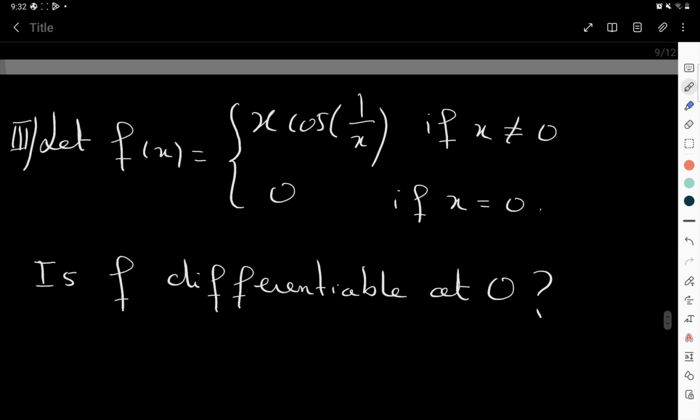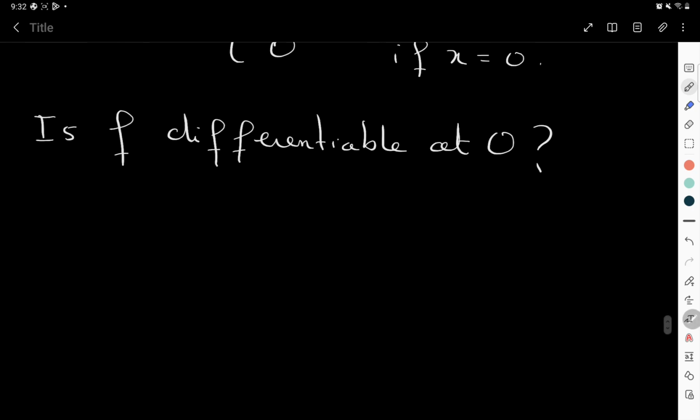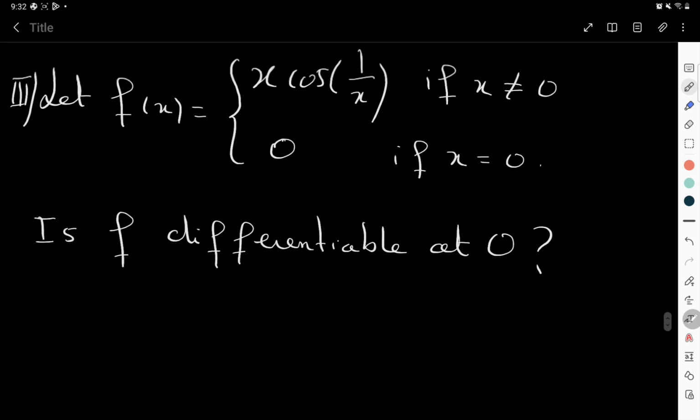Now, let f of x be equal to x cosine 1 over x if x is non-zero, and 0 if x is equal to 0. Is f differentiable at 0? This is easy. So let us look at the limit as x goes to 0 of f of x minus f of 0 over x minus 0. If this limit exists, then f is differentiable at 0. If it doesn't, then f is not.